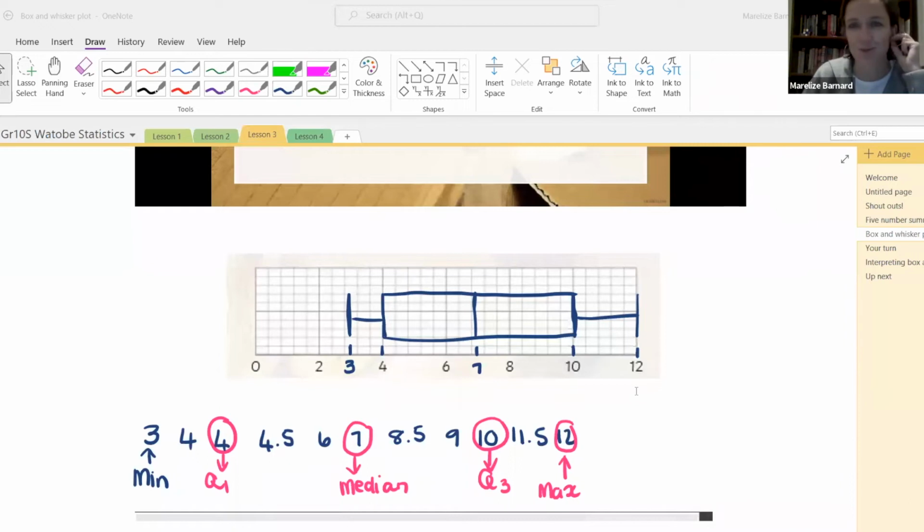Mond en snor diagram. If we translate that directly, it's a mouth and mustache diagram. I like that one better. Yeah, mouth and mustache, box and whisker, mond en snor. There we go.